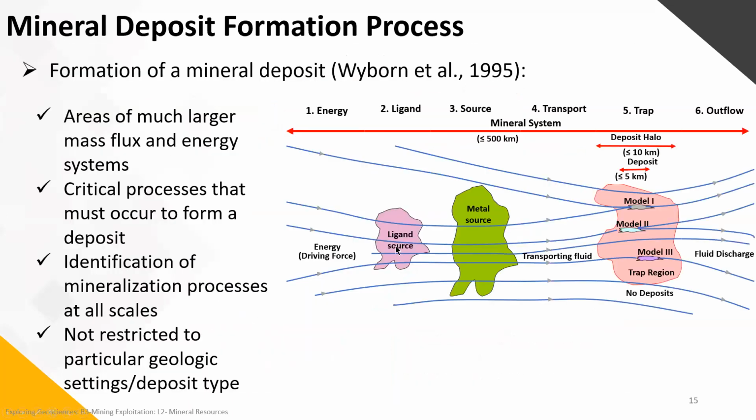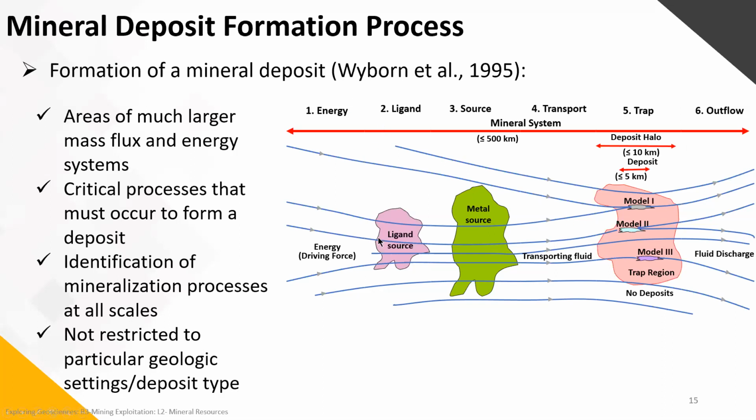This slide and the next one sum up exactly the 6 criteria we need to have within an area to be able to form a mineral deposit. So this is known as the mineral deposit formation process, and it needs exactly these 6 components.